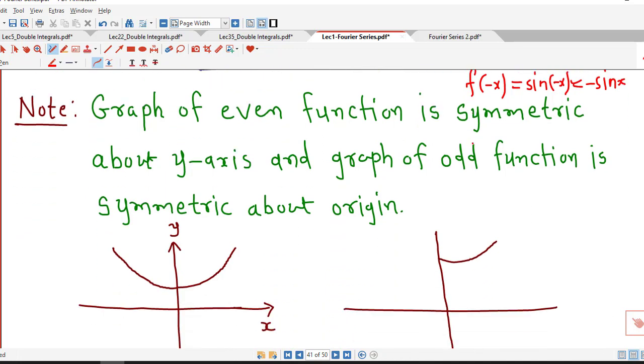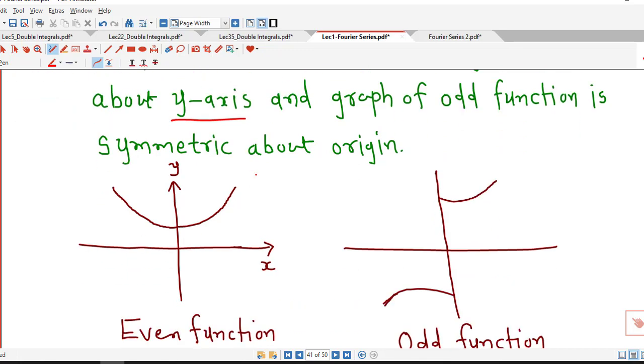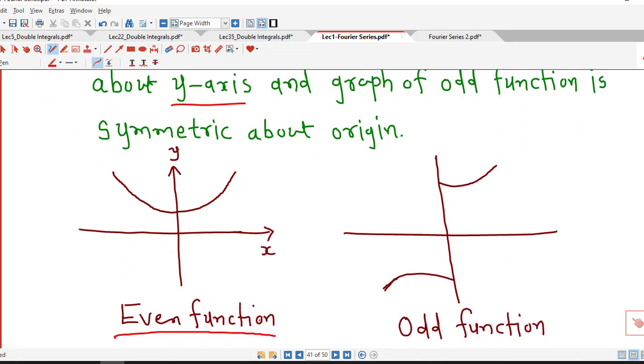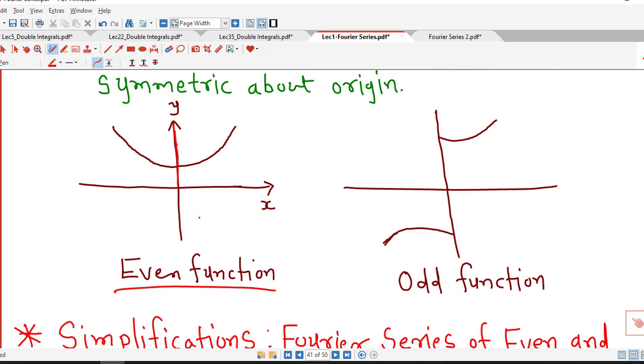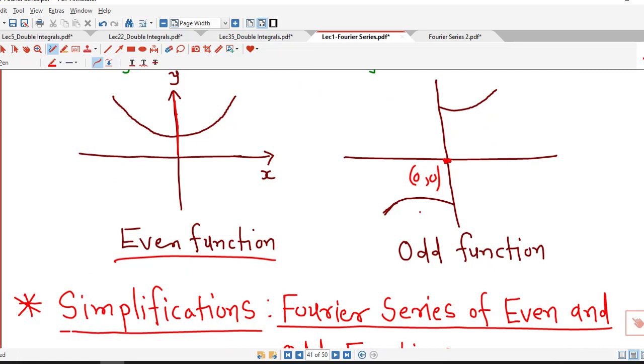If our function is even, its graph is symmetric about the y-axis, as shown in this figure. The graph of an odd function is symmetric about the origin, or symmetric in the first and third quadrants.